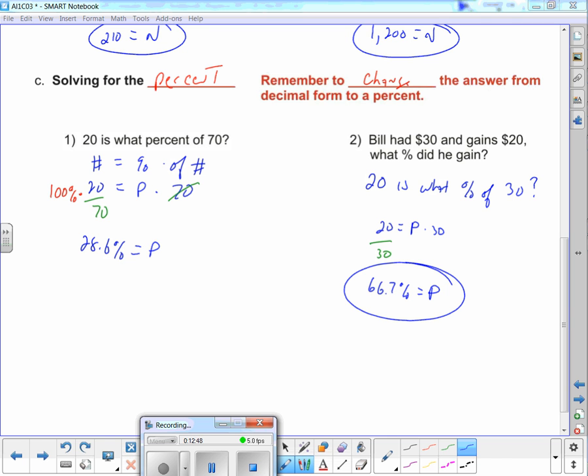And as I look at this thing, I hesitate as I try to reason through it. Now, either answer is plausible, but I have to think, okay, he had 30 and he gained 20. So 20 gained with 30 is 66.7%. But a 20% gain, if you end up at 50, so you were at 30, you ended up at 50, if you do that problem, you're going to end up with what, 2/5?